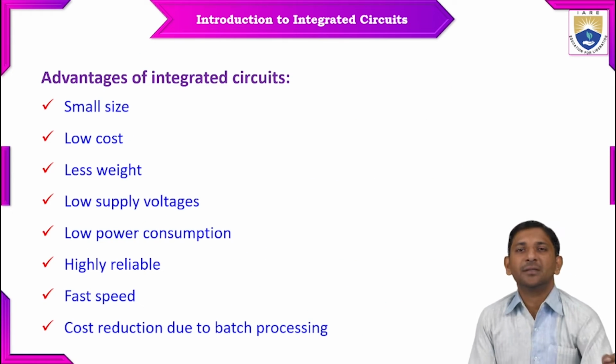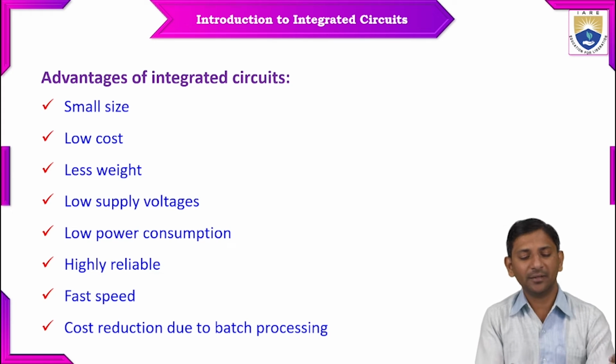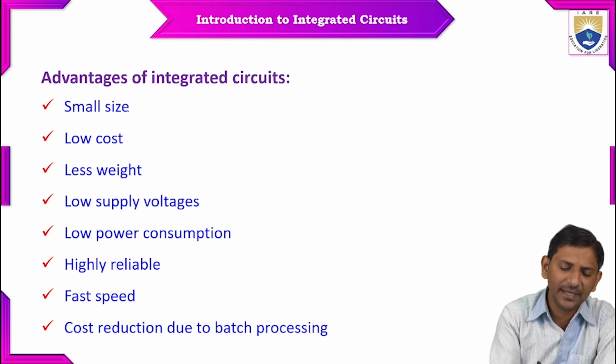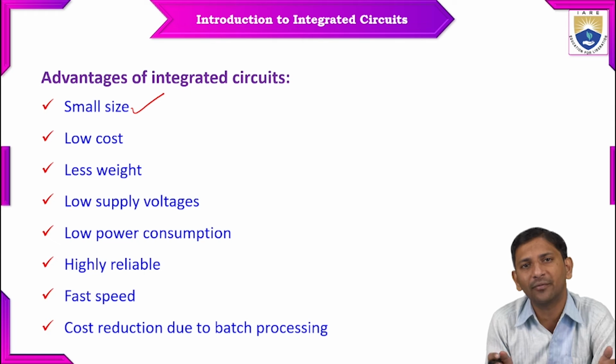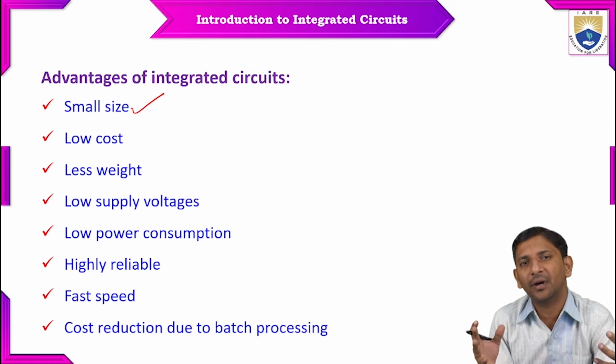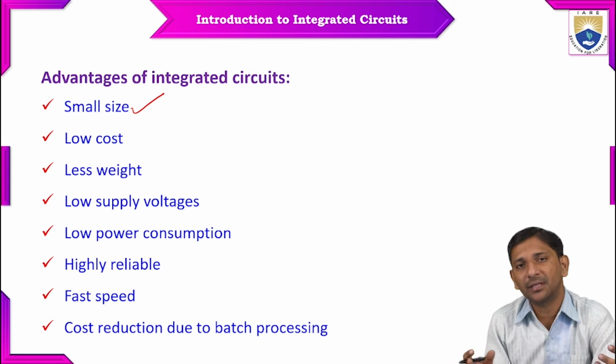And what are the advantages of integrated circuits? The advantage of an integrated circuit is its very small size. We reduce our entire complex circuit, reducing the number of active and passive components.